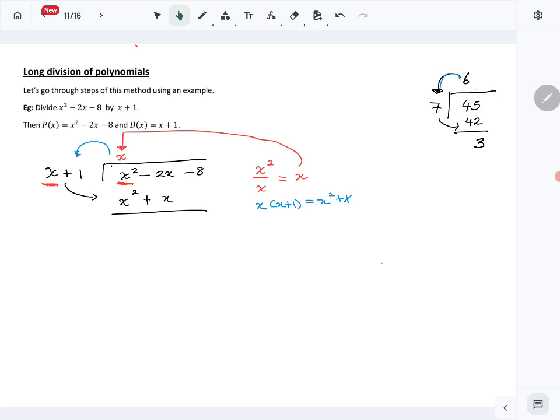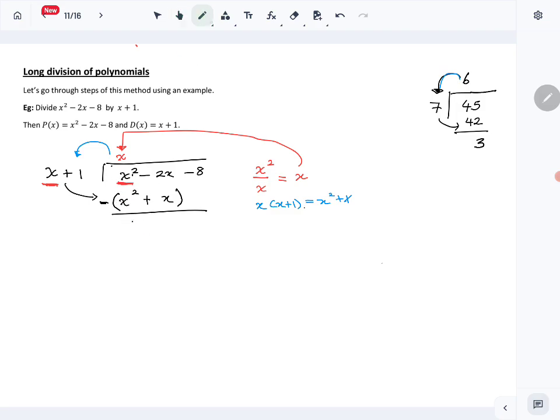Right. Now we will apply that same step to the polynomial long division. So subtract term by term. So x squared minus x squared is what? 0.